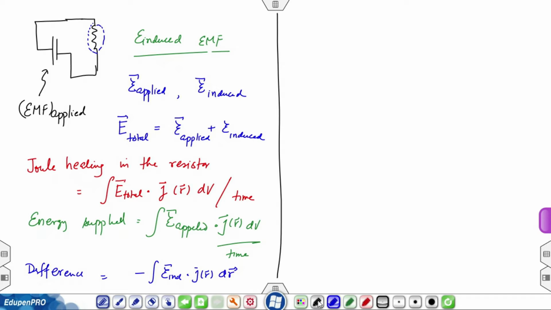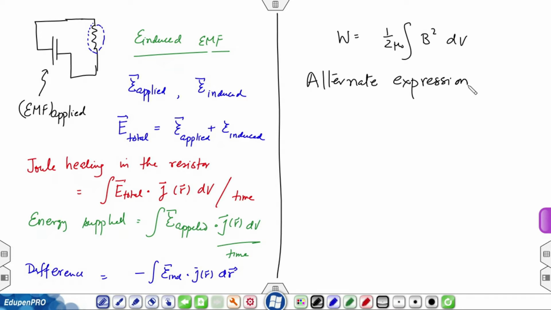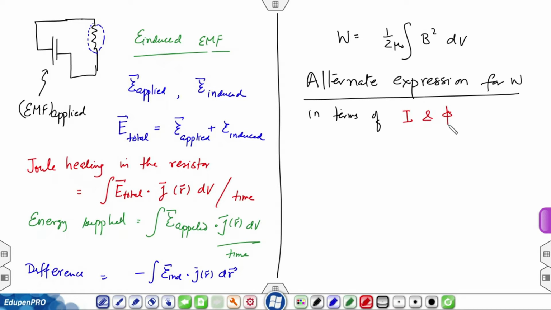So, having derived now that the energy in the magnetic field is 1/2 integral B square over mu 0 dV, let us now look at some alternate expressions for W in terms of the current I and flux phi, and in terms of current density J and vector potential A. So, I am going to get two alternate expressions now.